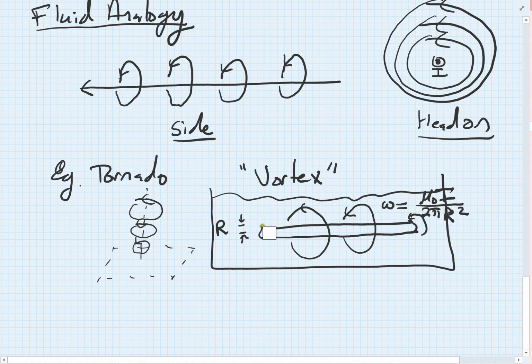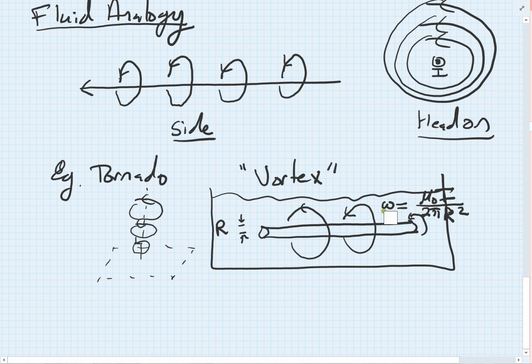Basically, just the surface of your wire starts to drag the fluid near it around in circles, and that fluid near it starts to drag neighboring particles of fluid that are further out around with it until you settle down to this steady state type of flow pattern.